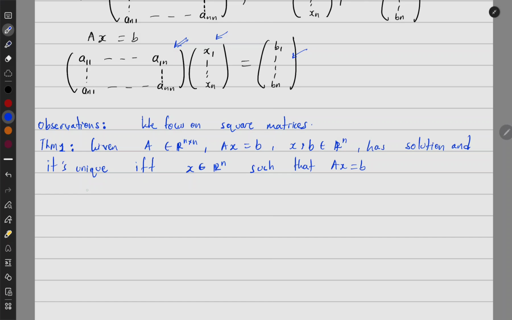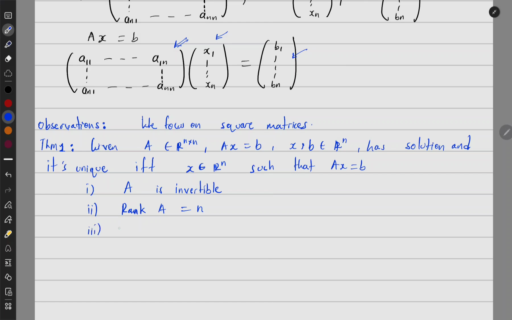In this case we state that A is invertible. We state that the rank of A must be equal to n.